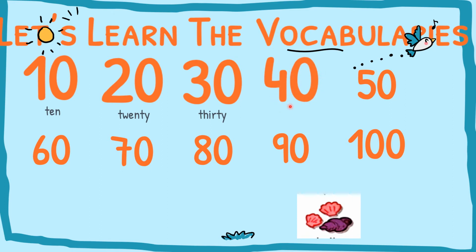This is 40. Spell 40 together. F-O-U-R-T-Y, 40. The next one: what number is this? It's 50. Correct, 50. Can you spell 50?